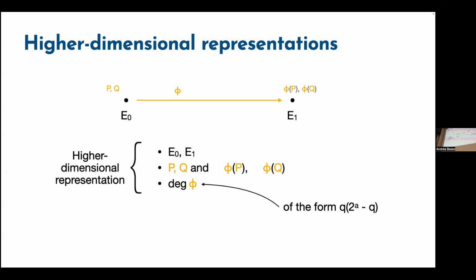But if we do, then we can obtain a very efficient representation. This also allows us to represent it using smaller points P and Q, where we only need the order of P and Q to be roughly the square root of the degree.